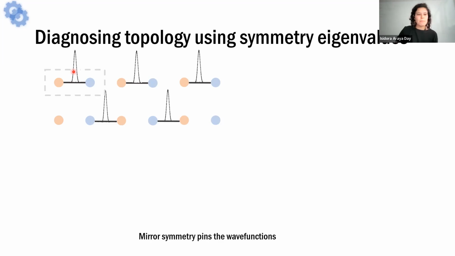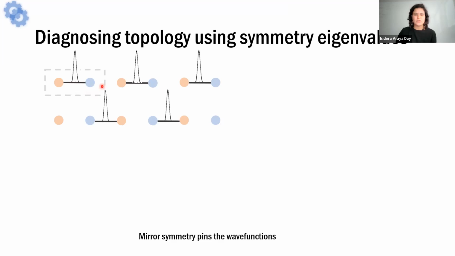And so by using mirror symmetry, now we cannot move the wave functions to the right or to the left, even if we change the parameters of the Hamiltonian. So with this, we have two clearly distinguishable chains in real space.